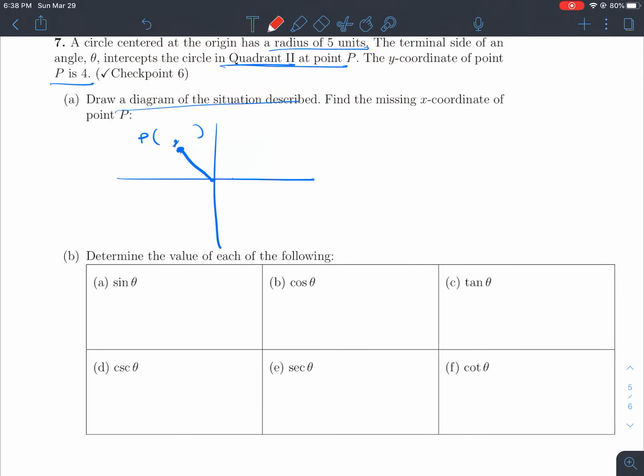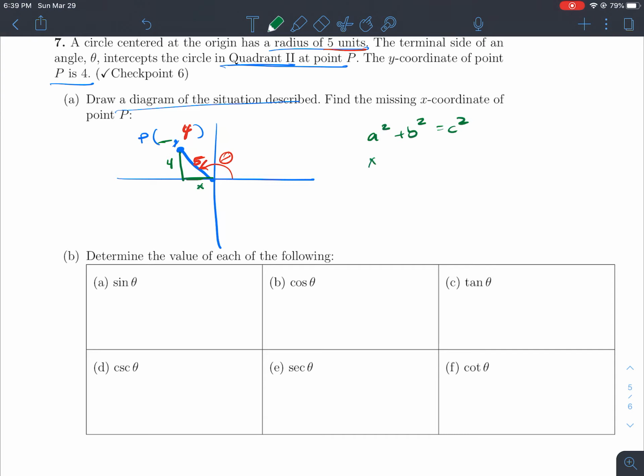So here's theta. The y-coordinate of point P is 4, so they're giving us the y-coordinate is 4. They also gave us that the radius is 5. So finding the x-coordinate here, we've got to think about this as a triangle. This is 4, this is the x-coordinate. So we're going to have to do a squared plus b squared equals c squared.